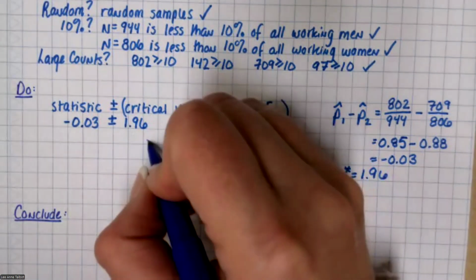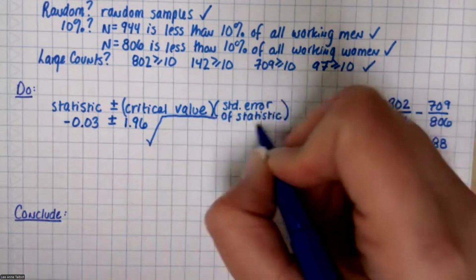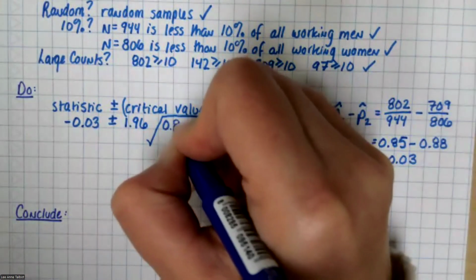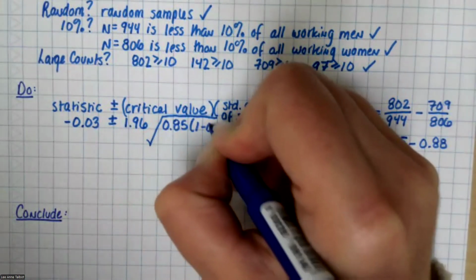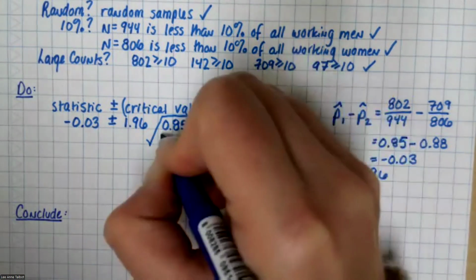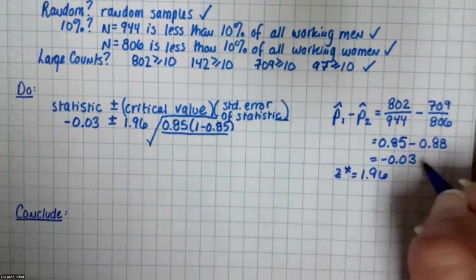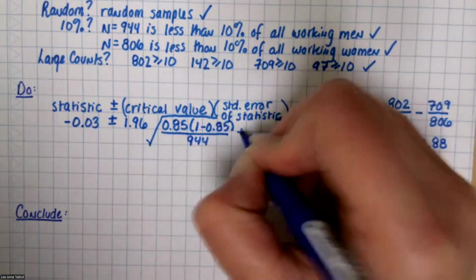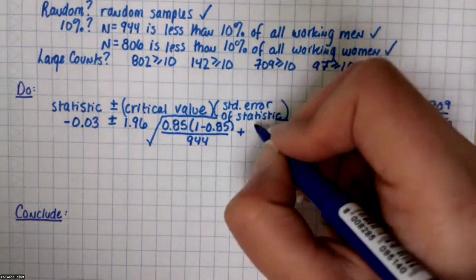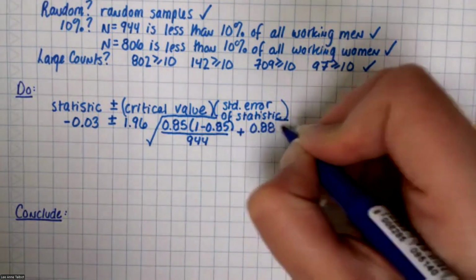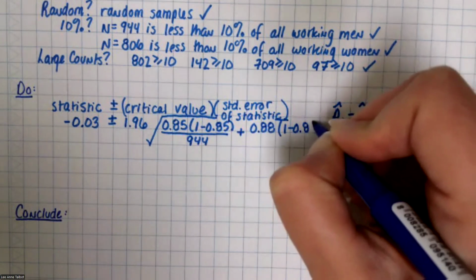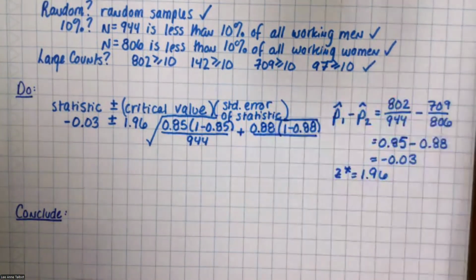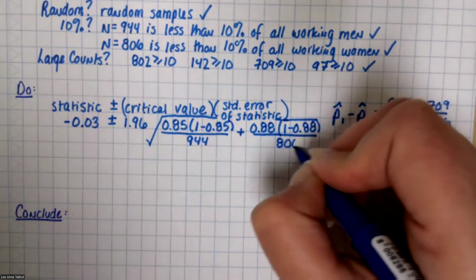Okay. Standard error. 0.85 times 1 minus 0.85 over 944, plus 0.88 times 1 minus 0.88 over 806.